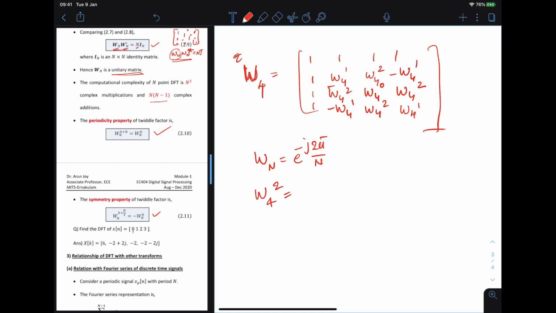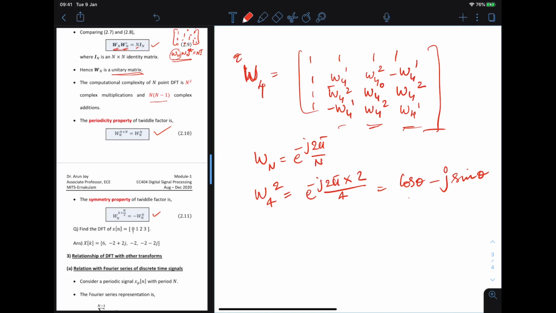W4 square will be e raised to minus j 2 pi into 2 by n, where n is 4 here, and you write it in terms of cos theta minus j sin theta form and find the answer. You will get a complex number, and you have to find each element of this DFT matrix like this and populate the DFT matrix.